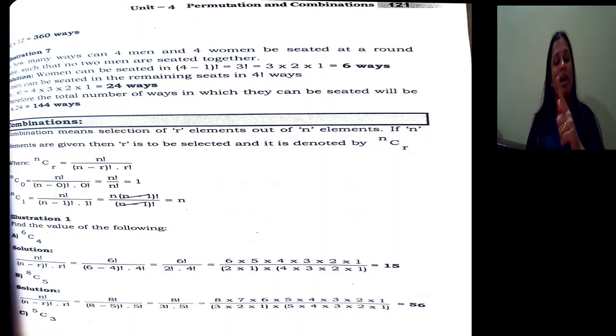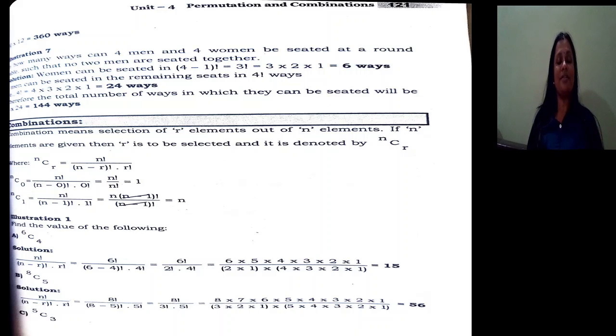So N into N minus 1 factorial divided by N minus 1 factorial; N minus 1 factorial gets cancelled, so the answer is N only. Try to understand. This is the formula NCR, which is N factorial divided by N minus R factorial into R factorial. We make use of this formula to identify the selection of R elements out of given N elements.